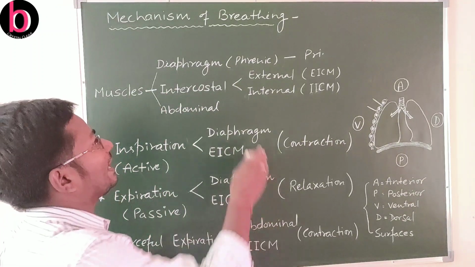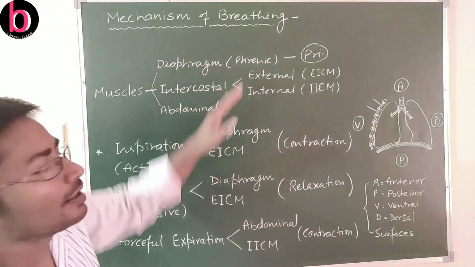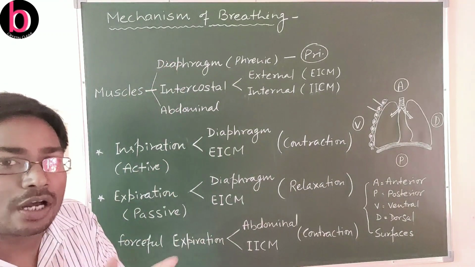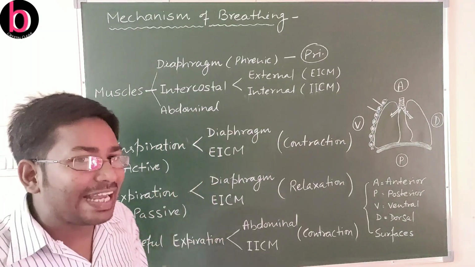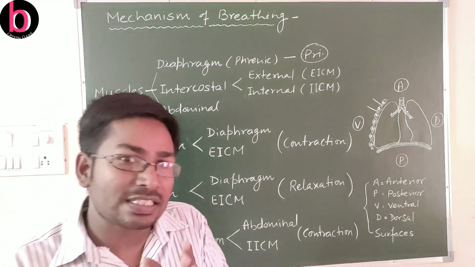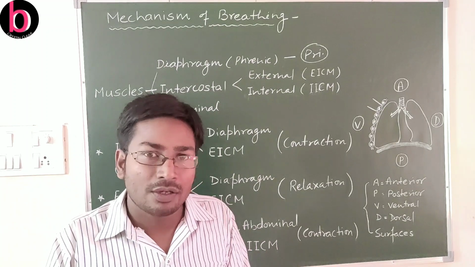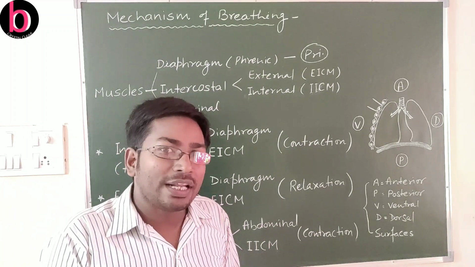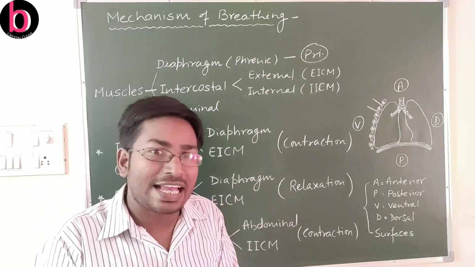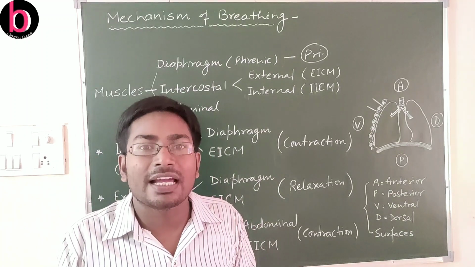Maximum time breathing occurs with the help of the diaphragm, that's why they are known as primary muscles. Now there will be contraction or relaxation in these muscles, that's why there will be a change in the volume of the lungs, and that will also be reflected in the pulmonary chamber. Why? Because pulmonary chambers or pulmonary sacs are inside the thoracic cavity, and earlier we discussed this is a very airtight chamber.